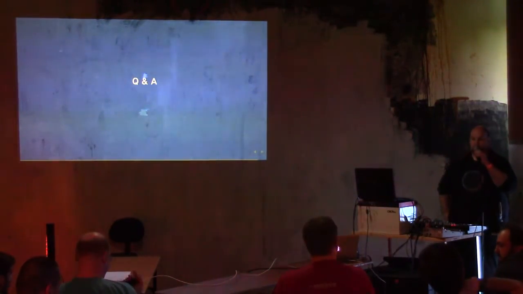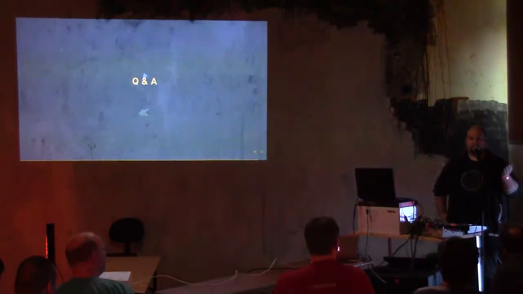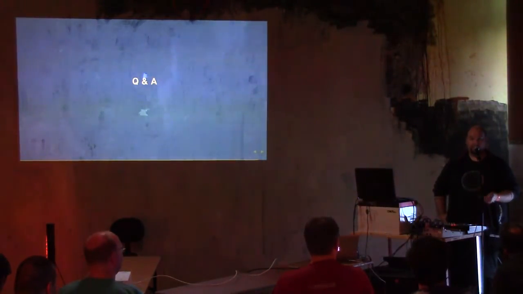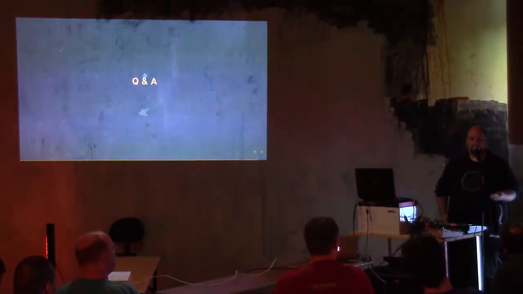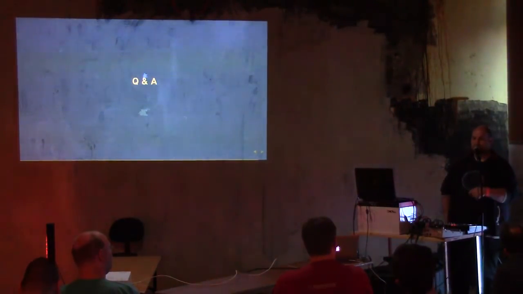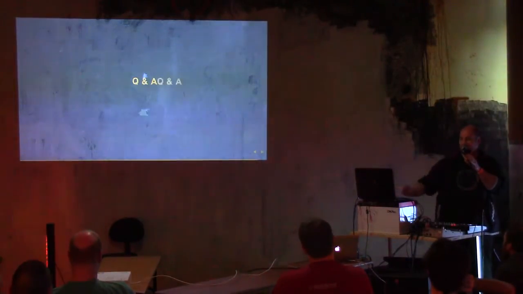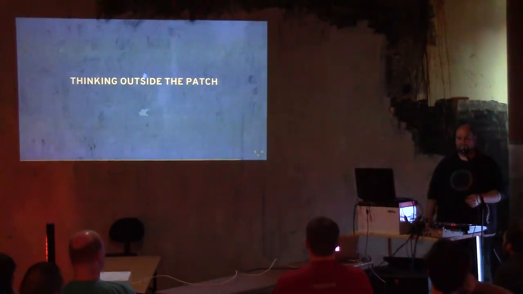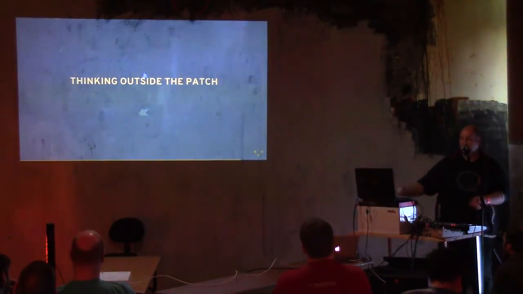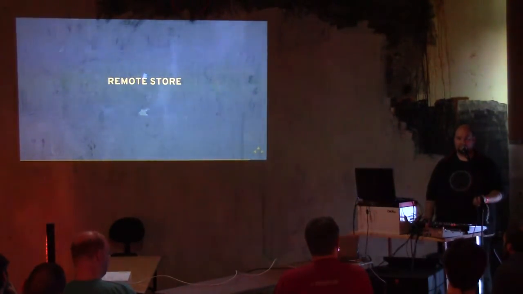All right, yeah. So the question is, if I understood that correctly, you want to know how to modulate or automate in 4klang. That's possible. That's actually the part that I just skipped because I thought I was out of time. Thinking outside the patch is using remote stores, so you can influence one channel from inside another channel.